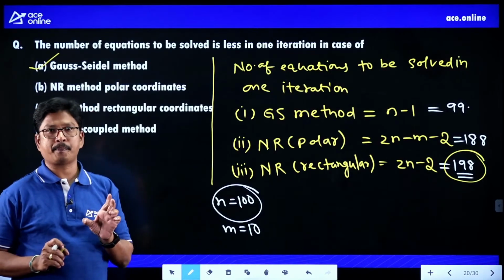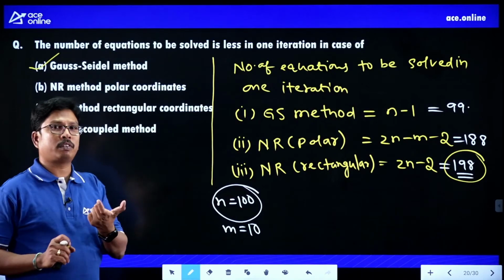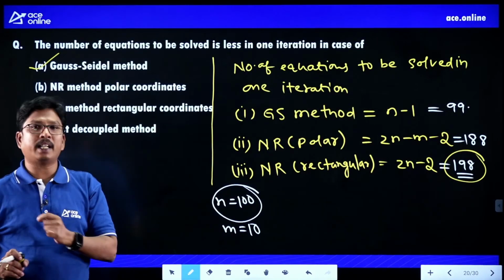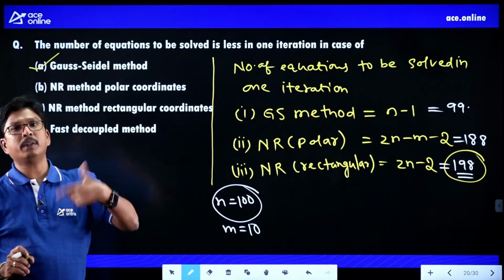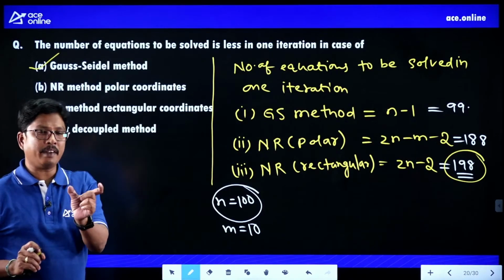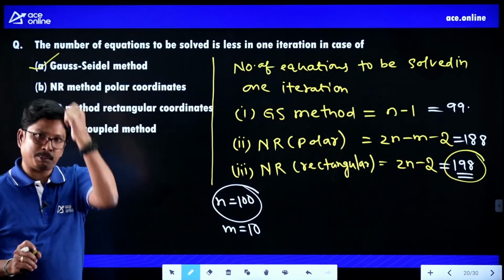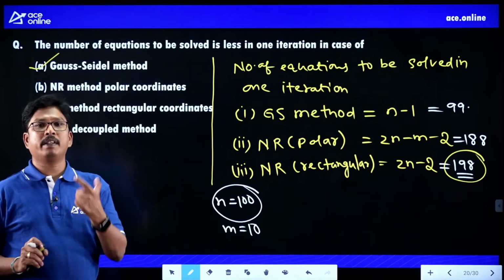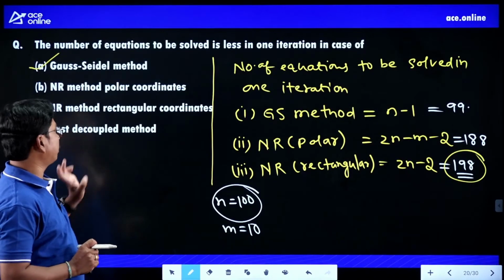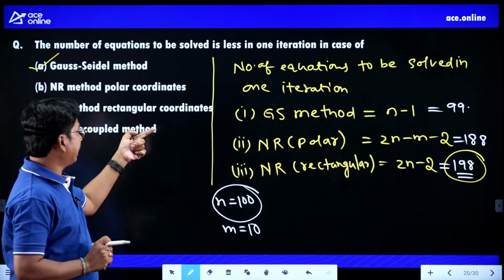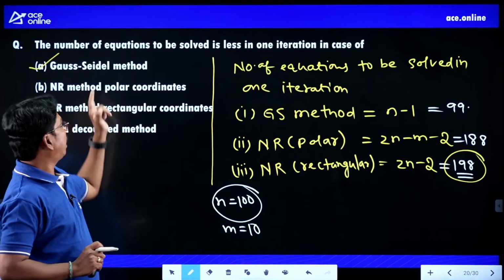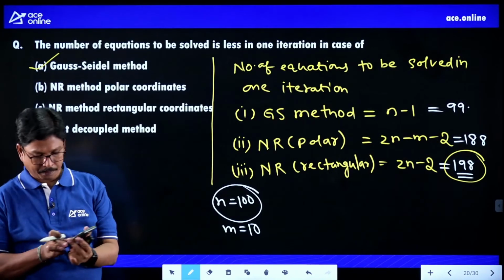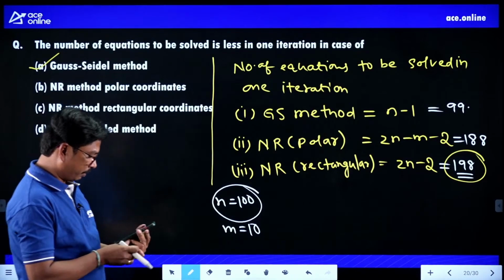In the decoupled load flow method, we are making the Jacobian matrix a constant matrix, so for each iteration there is no need to invert it. So the time for inverting the Jacobian matrix has been reduced, and the overall time for convergence will be very less in the fast decoupled load flow method. Here it is very less, here you have moderate, and here it is very high overall convergence time. Clear, students? Very good.